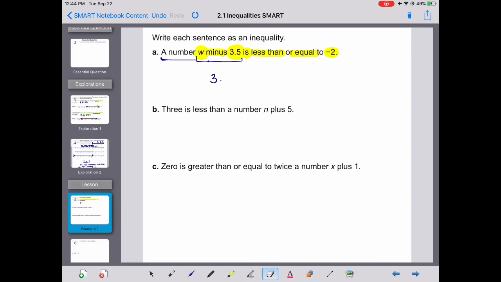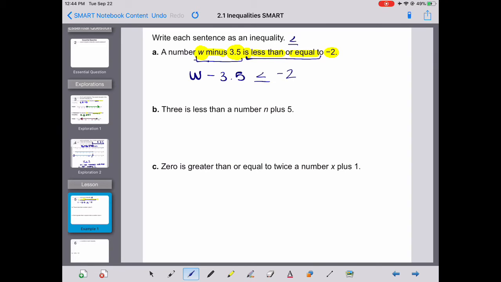That would simply be the variable W, a number, minus 3.5, is less than or equal to, what symbol is that? Well, that's this symbol right here. So less than or equal to negative 2. We'll learn how to solve these in the next lesson. So right now we're just going to leave it there. We're not going to solve for W.